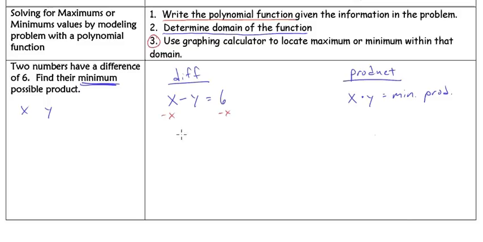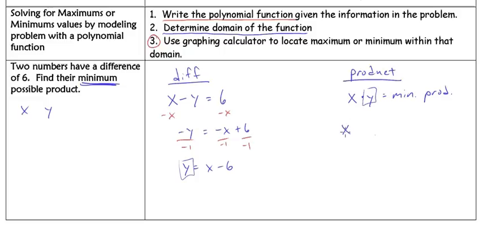That leaves us with negative y equals 6 minus x, or write that in a more standard convention, negative x plus 6, and then divide everything by negative 1 to get that y is equal to x minus 6. And now we've got y here, and we can substitute that in for y over here.